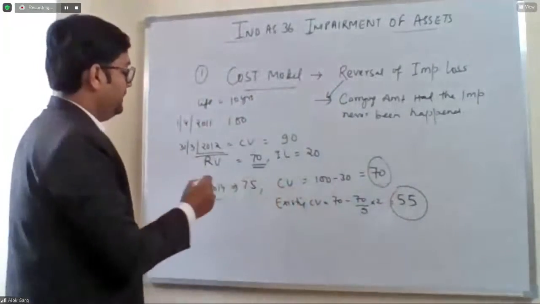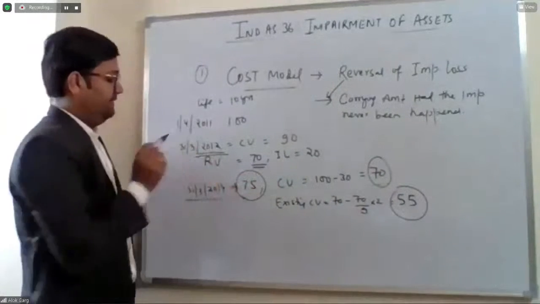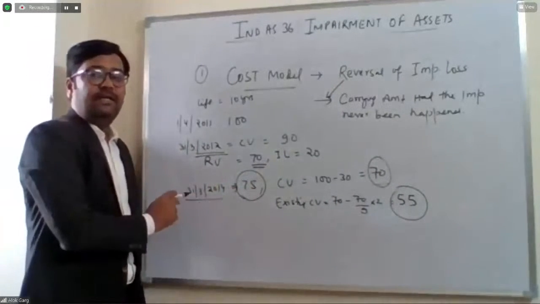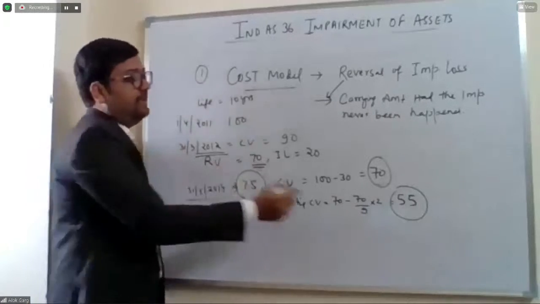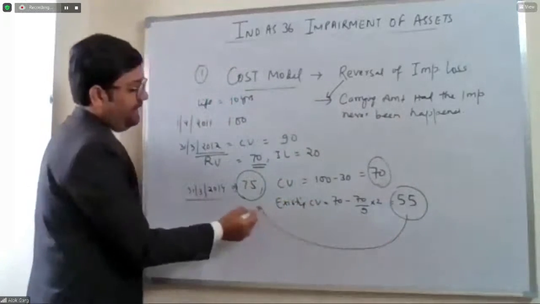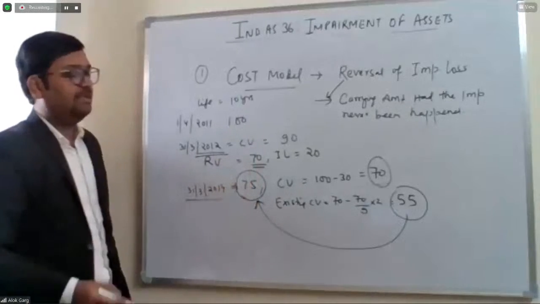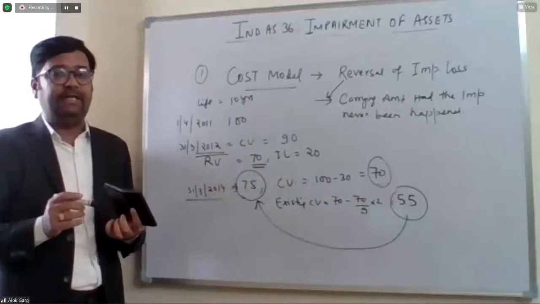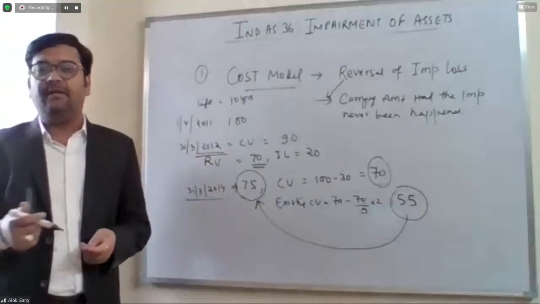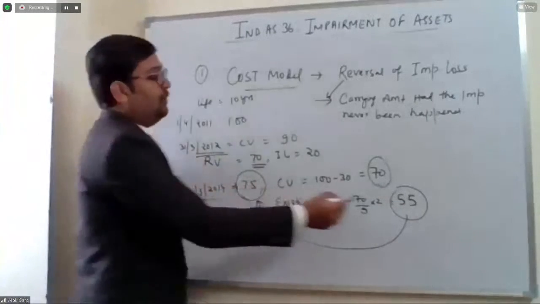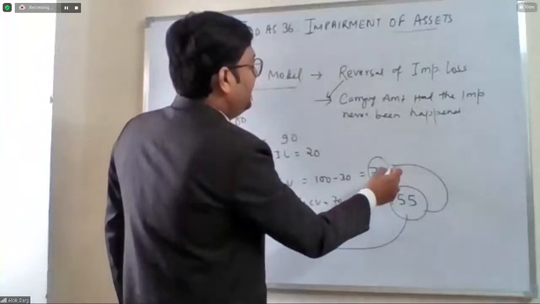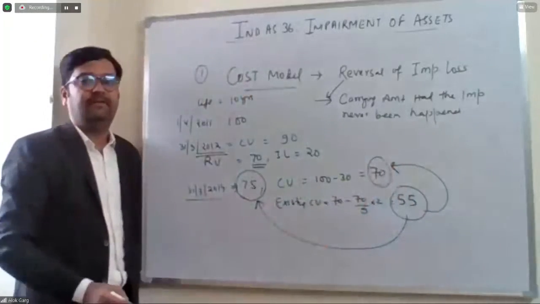Now, my dear friends, the recoverable value is 75. In the question, it is given that on 31st March 14, the recoverable value is 75. The existing carrying value is 55. So do I need to reverse the impairment loss to the extent of 20? Or do I need to reverse the impairment loss to the extent of 70?